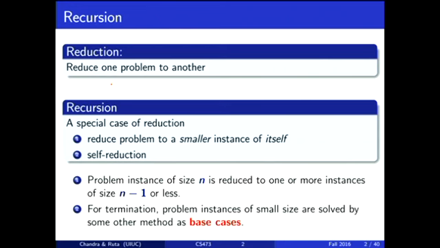In recursion, you just solve the problem by solving smaller instances of itself, and that's even better because you don't have to look elsewhere. But to apply recursion, you need to understand some basic structure of the problem so that you can do the reduction to itself. There are many techniques which are built on recursion.